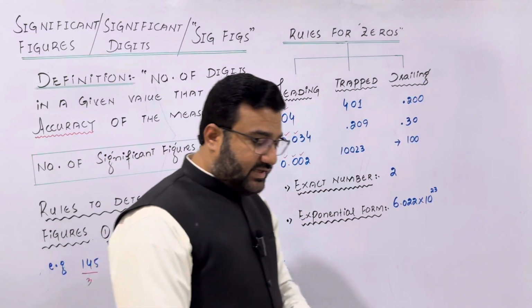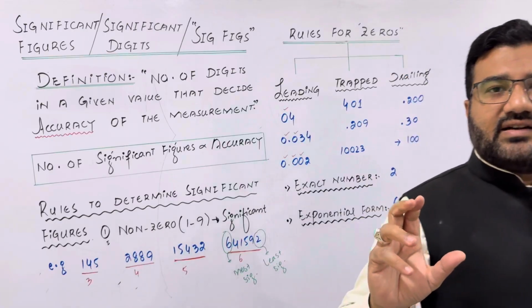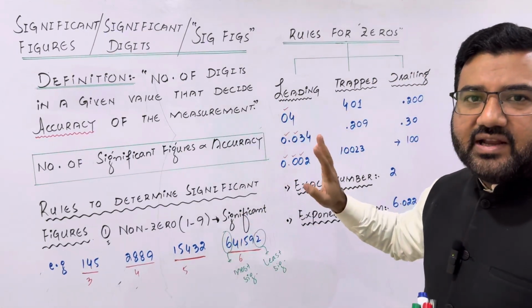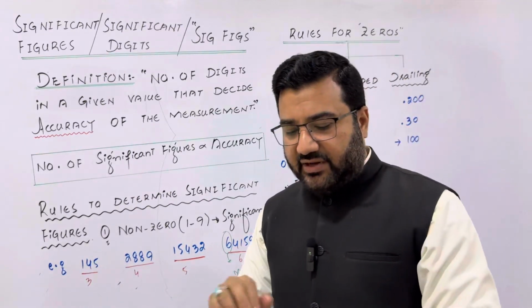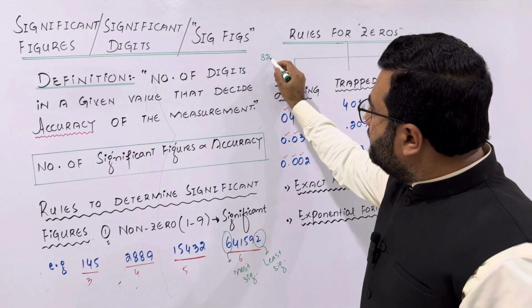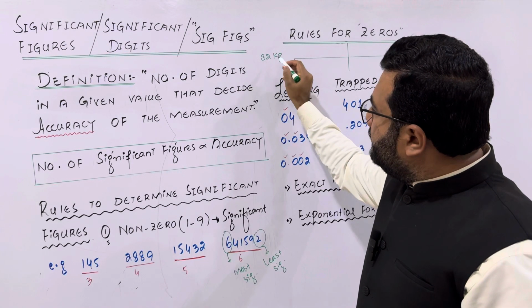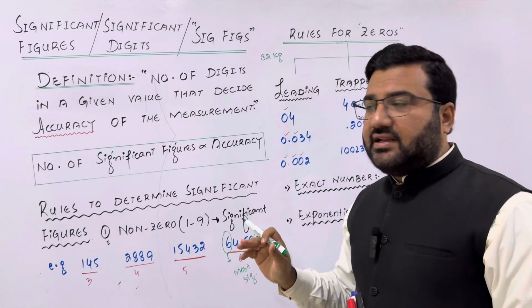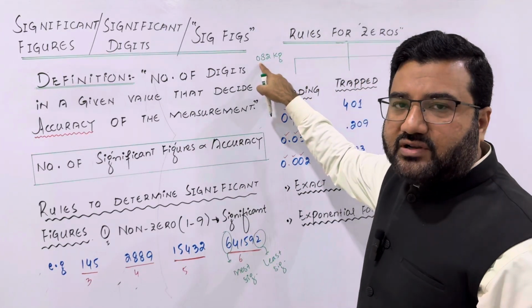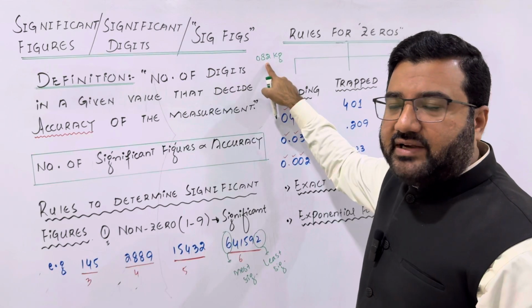So all the leading zeros, keep in mind, are considered as insignificant because their presence or absence doesn't make any difference to the value. If I say that my weight is 82 kg, it's 82 kg, but if I place a zero here, it will be a leading zero because it is preceding a non-zero number 8.